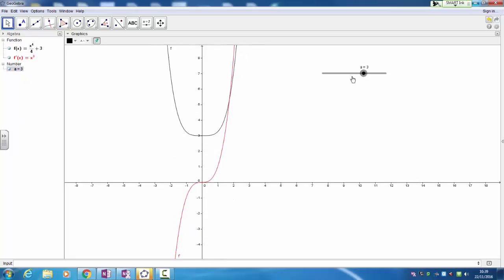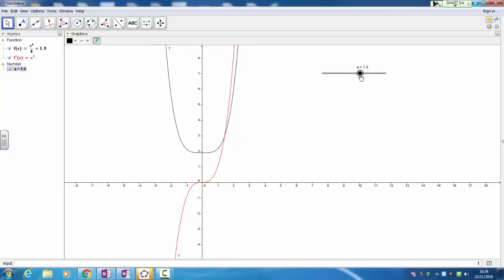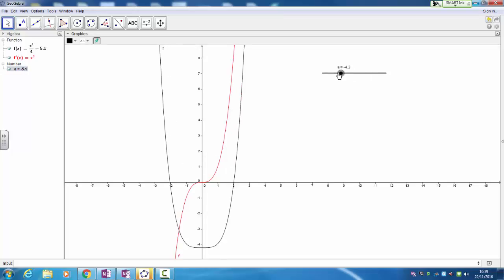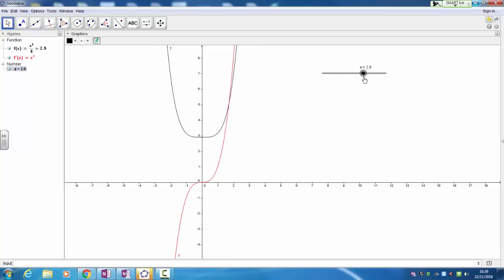In other words, the gradient function for all of these possibilities, no matter what c is, as long as it's some sort of real number, is always going to be the same. It's going to be x cubed. And so that plus c factors in all of those possible variations that you can have. Does everyone understand that concept? Right? So that's our general solution.